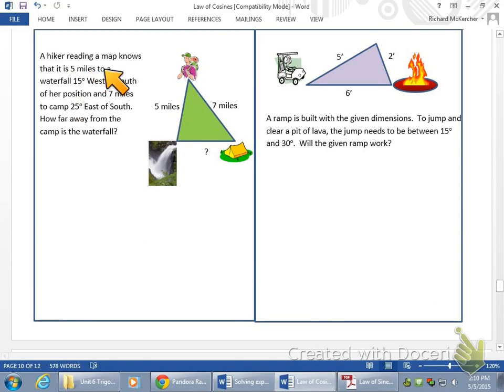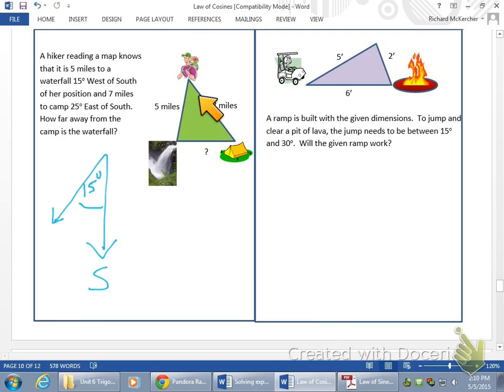Before I can get into this example on the left with the hiker, I have to understand the directions. I need an angle that's missing. So they tell me that I've got a hiker 5 miles 15 degrees west of south and 7 miles 25 degrees east of south. So I need to understand west of south and east of south. If south is down, then 15 degrees west of south would be to the left.